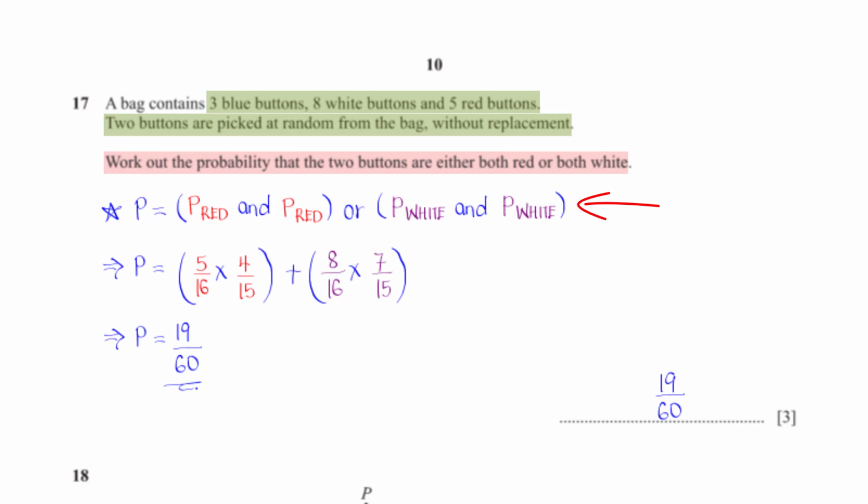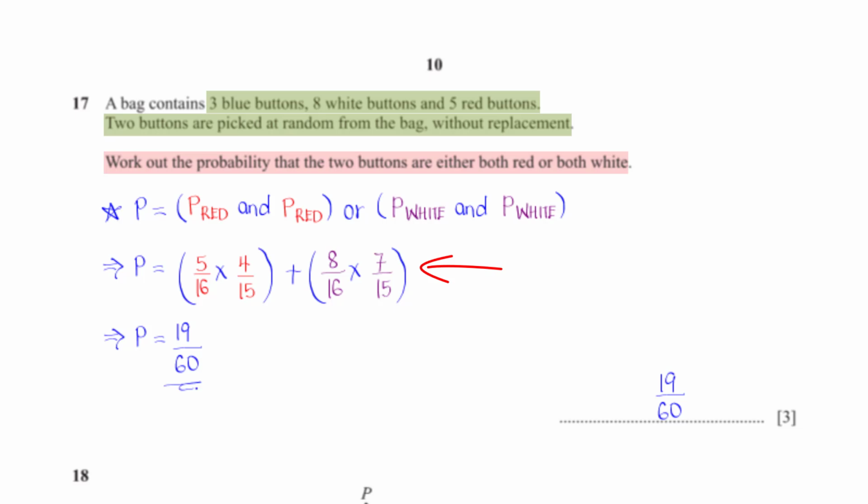The probability of picking red on the first pick and picking red on the second pick, or the probability of picking white on the first pick and picking white again on the second pick. So these are our 2 possible cases. And so the probability of picking red in the first case is equal to 5/16, and because the buttons are picked without replacements, the probability of picking red on the second pick is 4/15.